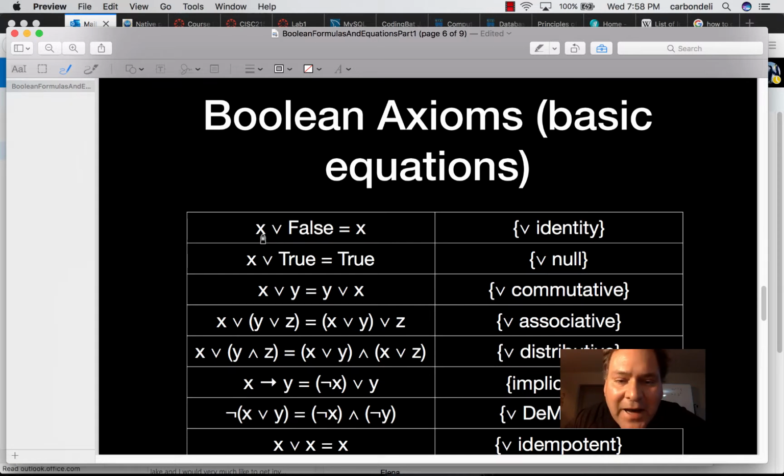So you can see X logical OR false is always going to be X. And this is known as the OR identity axiom. We also have OR null, in which X could be either true or false, and the outcome would still be true, provided we're performing logical OR with the Boolean value of true.